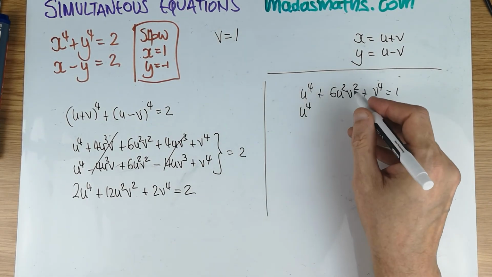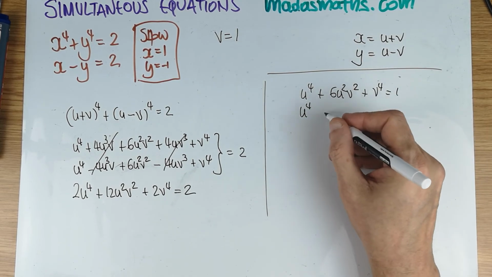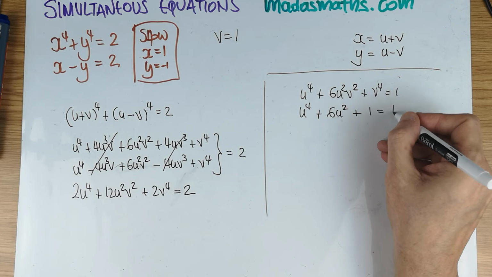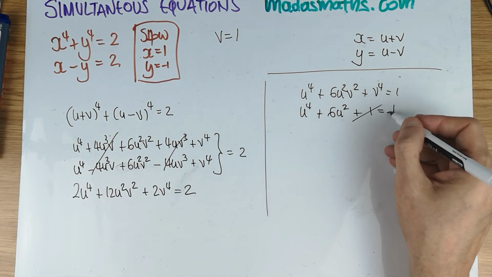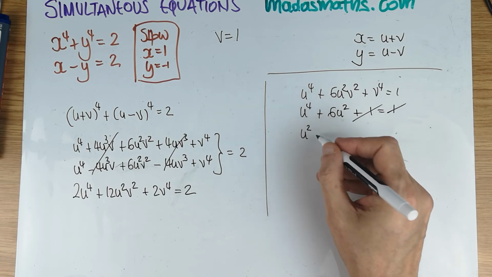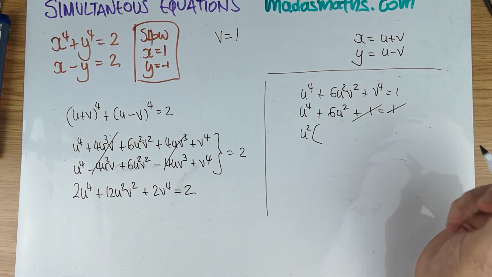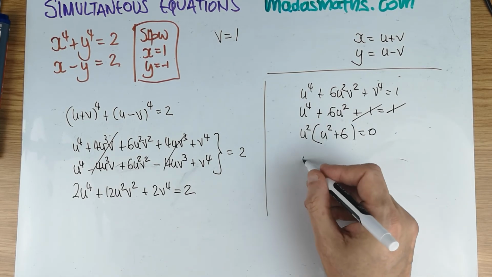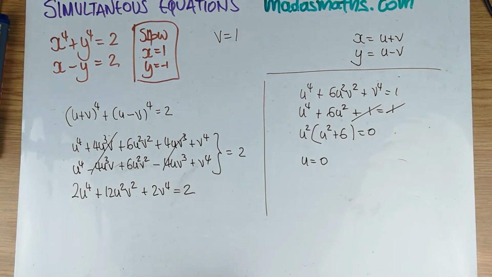U to the 4, 1 squared is 1, so it's going to be plus 6u squared plus 1 is equal to 1. These ones will cancel, and what we have is simply u squared plus 6 is equal to 0. So from this equation we're getting u is equal to 0.